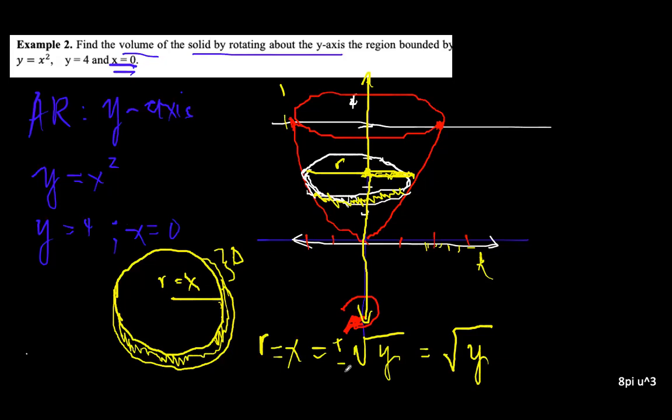Bakit positive value of y? There are two possible values of x. However, we will consider the positive square root of y because, bakit? Kasi yung y niya dito ay nasa positive side. Okay? Nasa upper part ng x-axis. Nakuha guys.